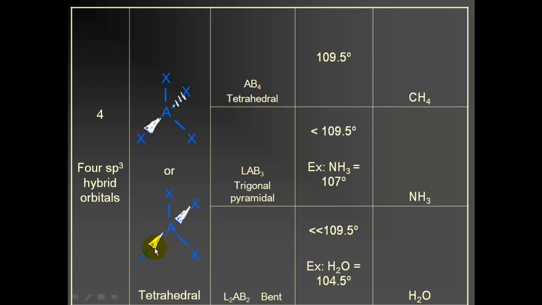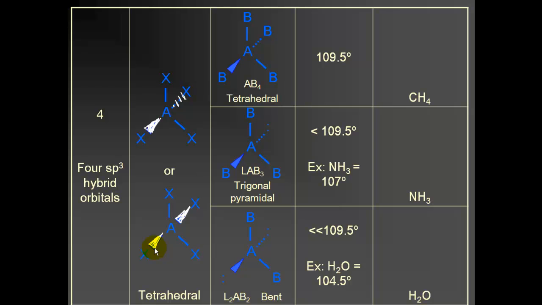If all 4 electron domains are bonded, then your molecular geometry is a tetrahedral. If 3 are bonding and 1 is a lone pair, then you get what's called a trigonal pyramidal. And if 2 of them are bonded and 2 of them are lone pairs, then you get what's called a bent structure.